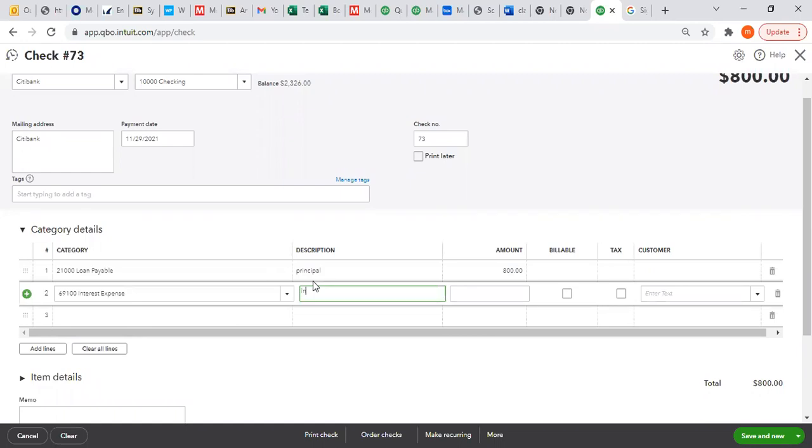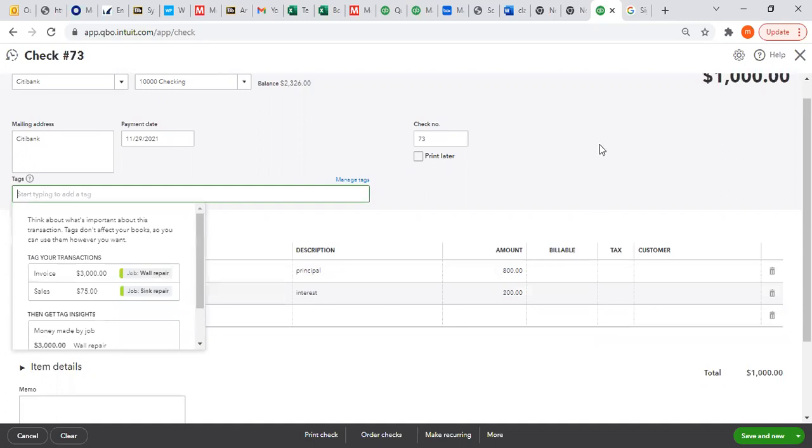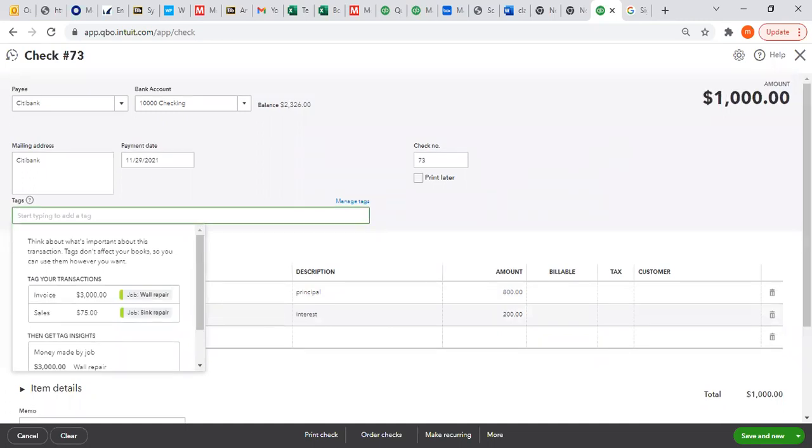And this is the interest of $200. So 800 is the first line, 200 is on the next line. And your total, of course, will be up here on the top, 1,000. Okay, that's a split again. So I want you to look carefully at the screen.